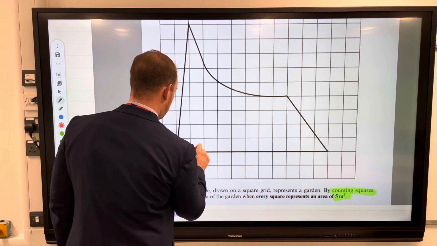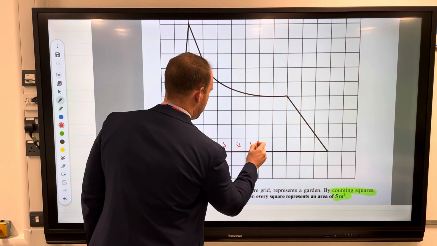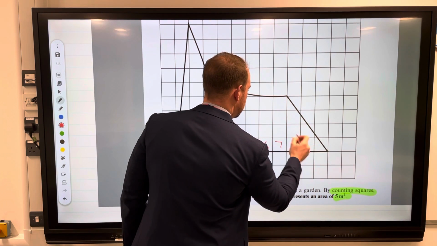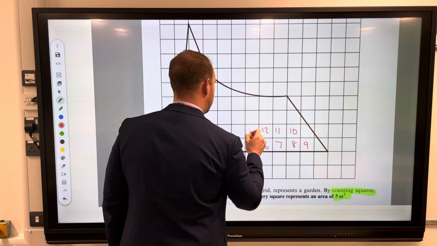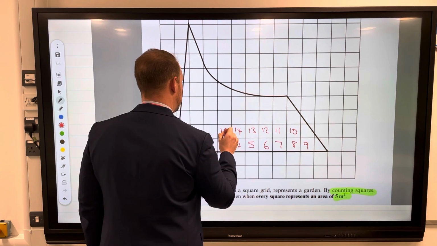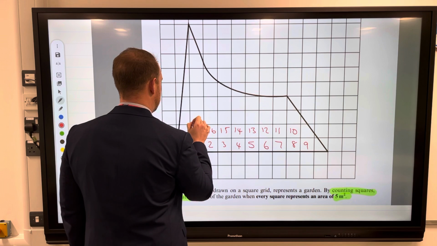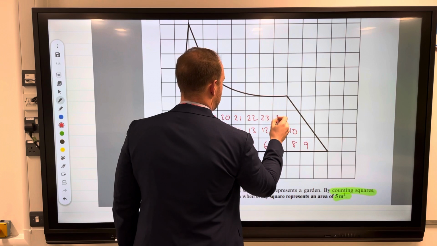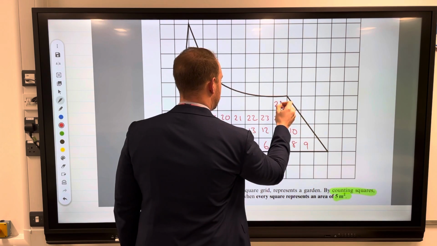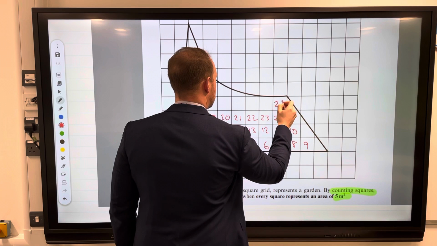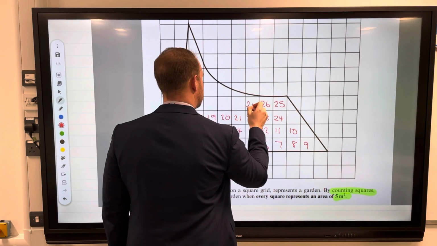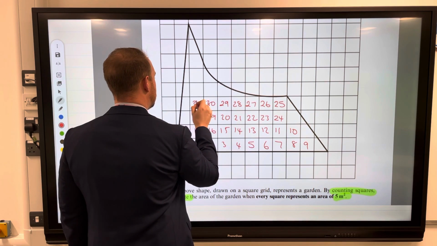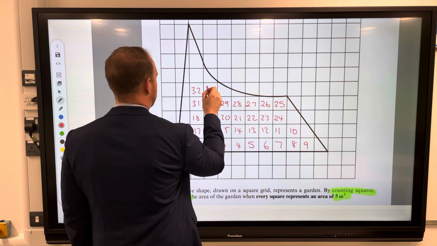So whole squares, we've got 1, 2, 3, 4, 5, 6, 7, 8, 9, 10, 11, 12, 13, 14, 15, 16, 17, 18, 19, 20, 21, 22, 23, 24, 25, 26, 27, 28, 29, and it does take a little bit of time.